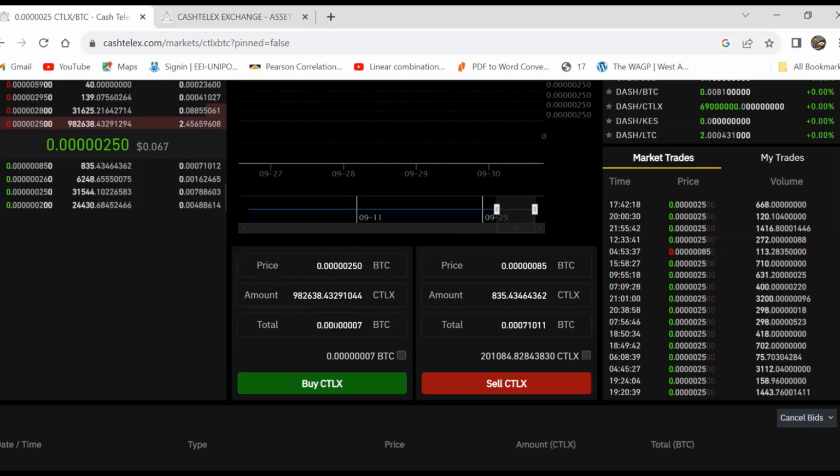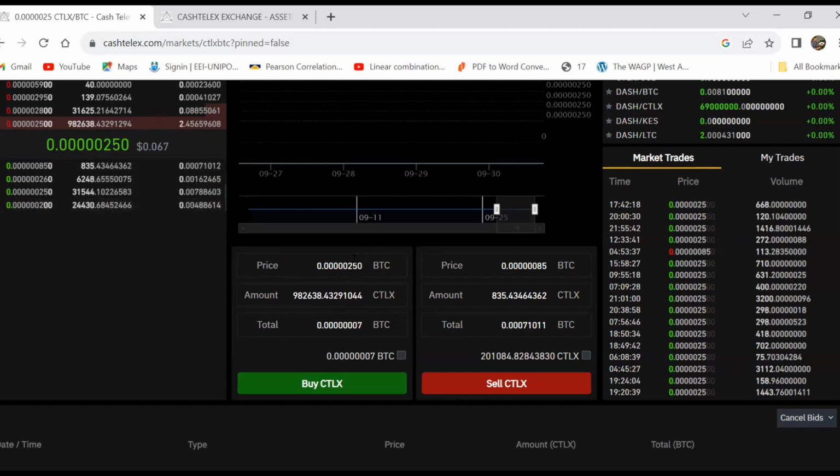I'll say, okay, I want to buy at so rate, or I want to buy so amount of CTLX. So you can do it in two formats. I'm trying to explain how you could set your price to buy CTLX. Once you have your Bitcoin in your account, the next thing is you come here and set the price at which you want to buy. Let's say now, go to this side, you see somebody that is setting to buy at 0.002.